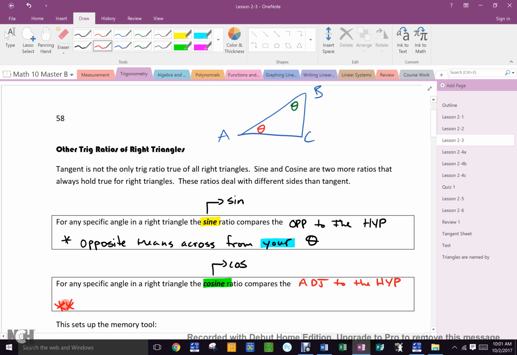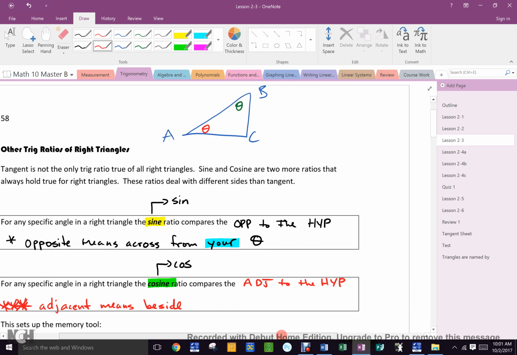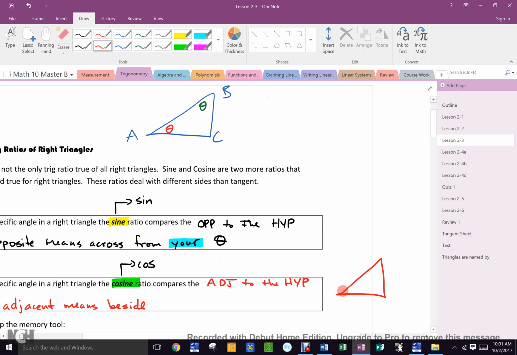Because we already know adjacent means what? Adjacent means beside, right? Except think about a triangle.